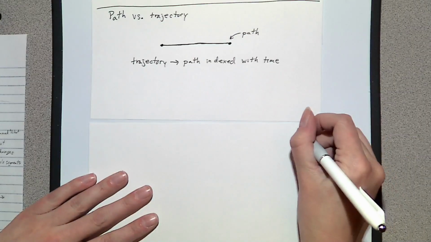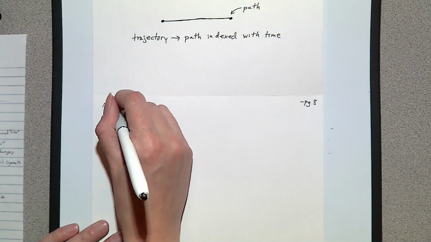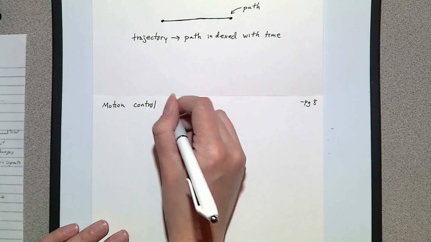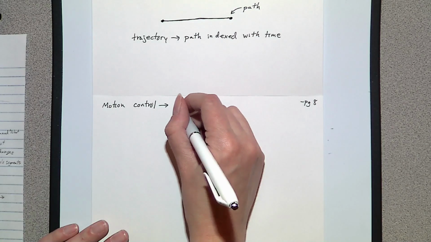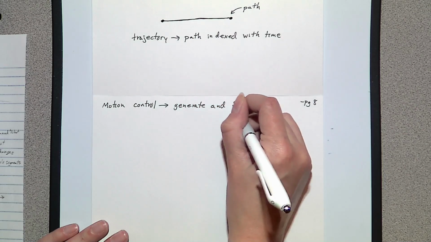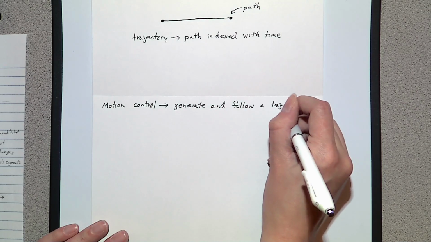And I'll just say a couple things about motion control. I won't get too much into detail here today, but motion control is basically you want to generate and follow a trajectory.